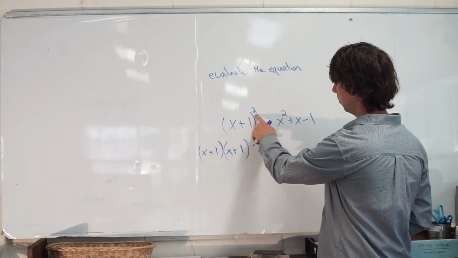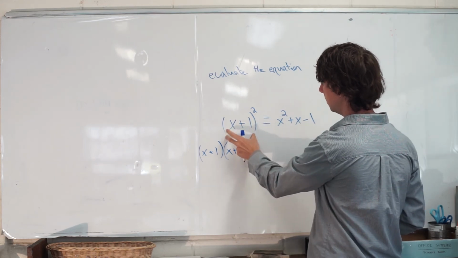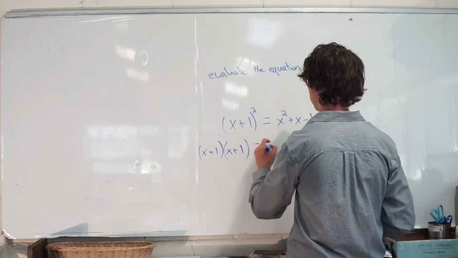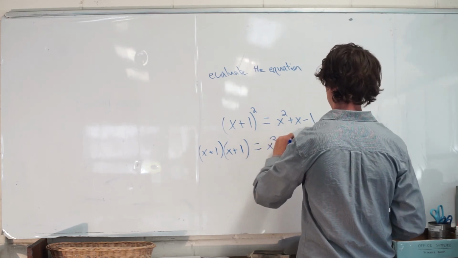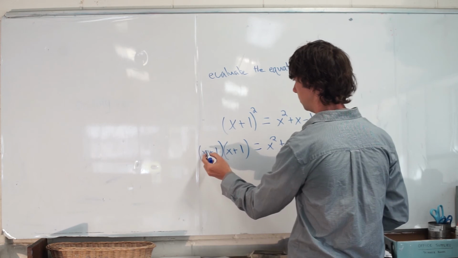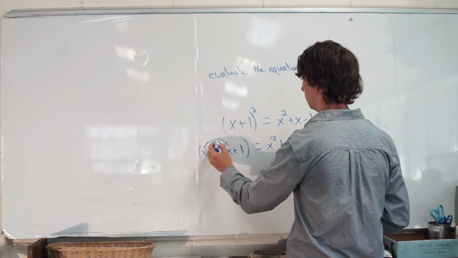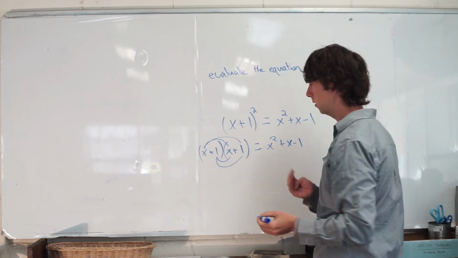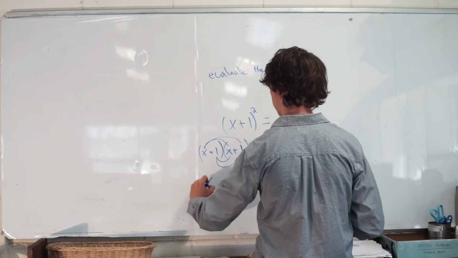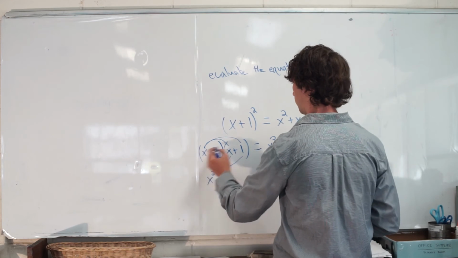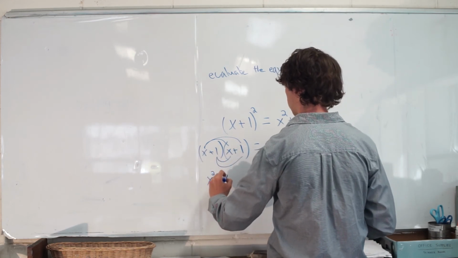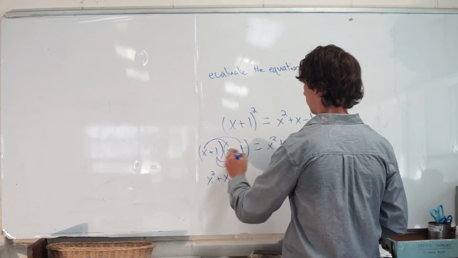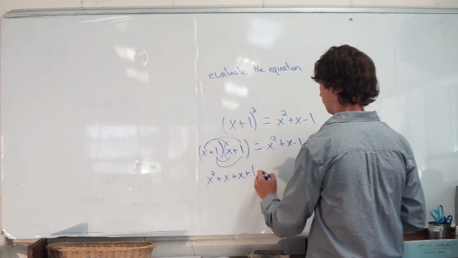Because what the exponent here means is that this multiplied by itself this many times, so you're going to write it twice. And then you have to multiply this term by each of these terms, and this term by each of these terms. So you're going to get 4 products. You're going to get an x times an x, which is x squared. You're going to get an x times a 1, which is x. You're going to get a 1 times an x, which is x. And you're going to get a 1 times a 1, which is 1.